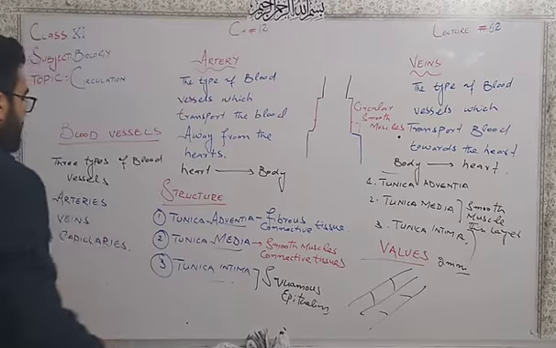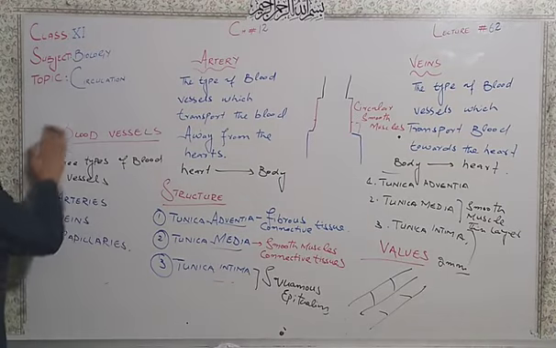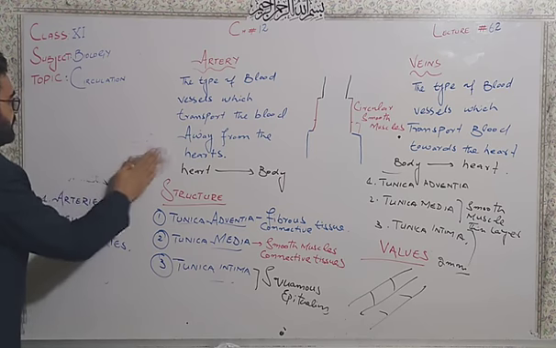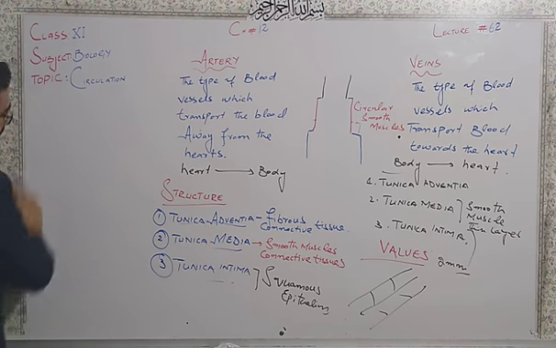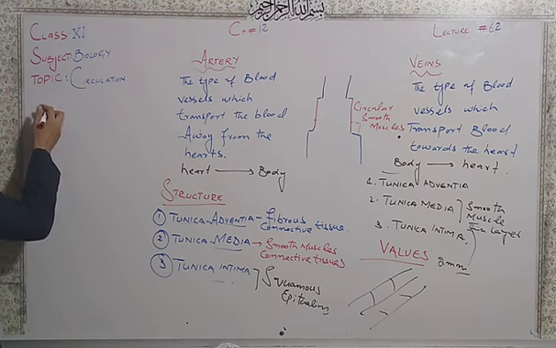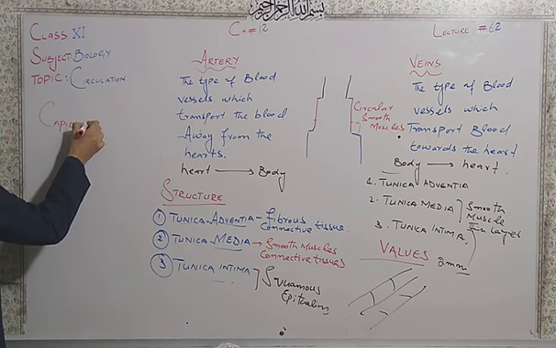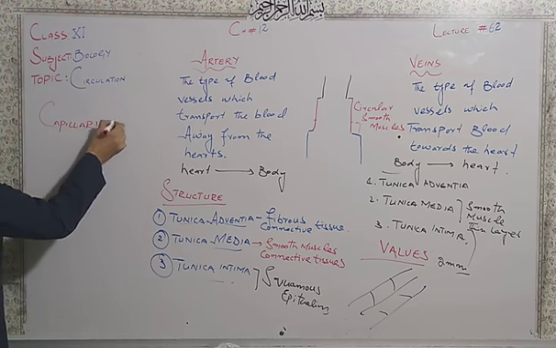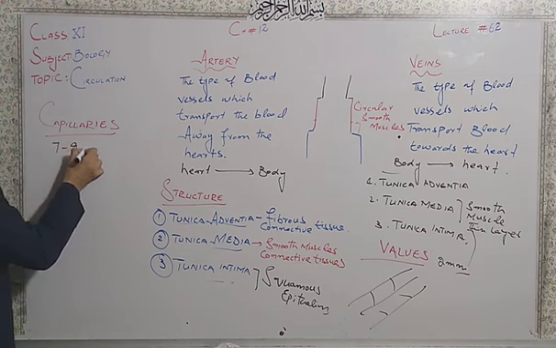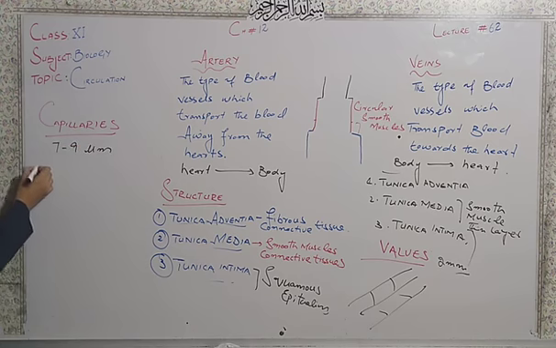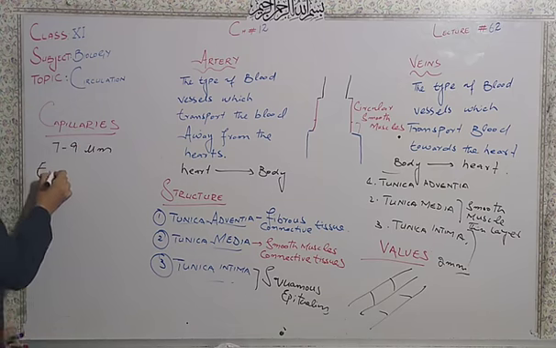The last and the final one is the blood capillaries. Capillary diameter is 7 to 9 micrometer, and they just consist of a single layer of endothelium.